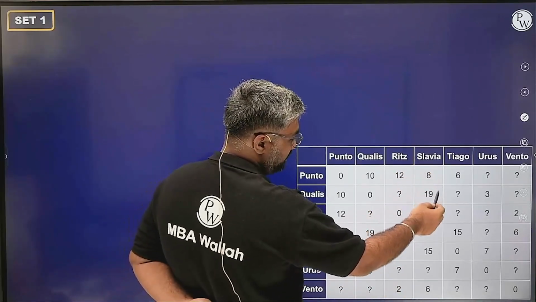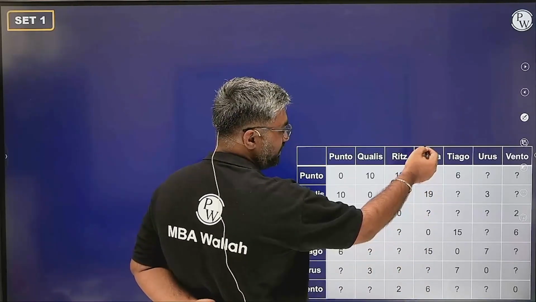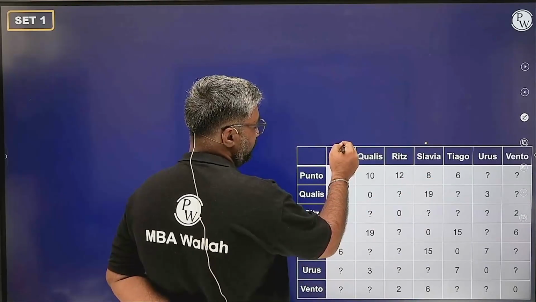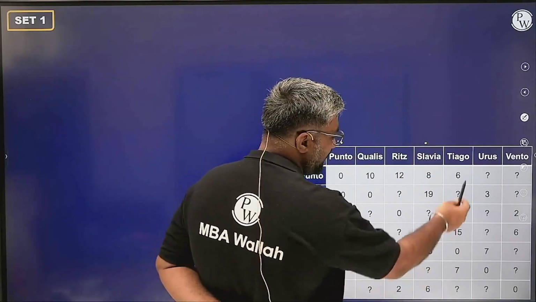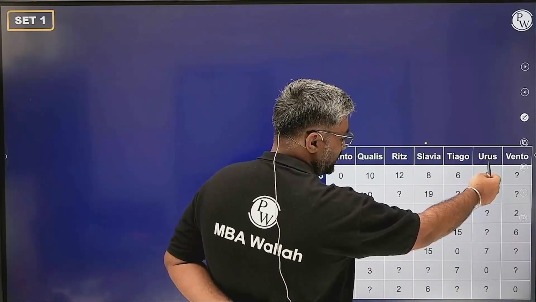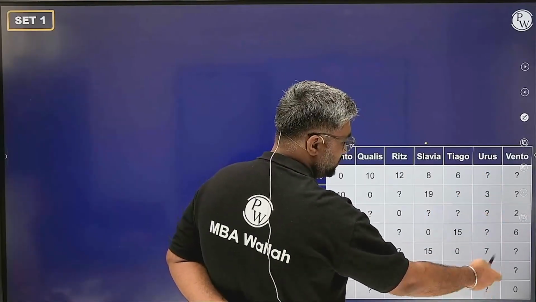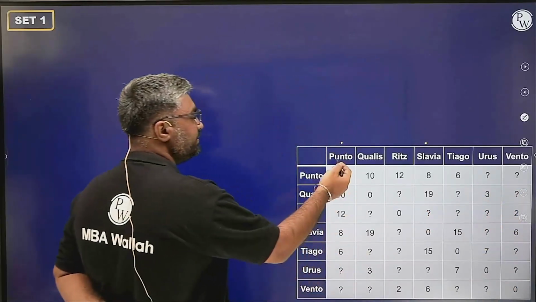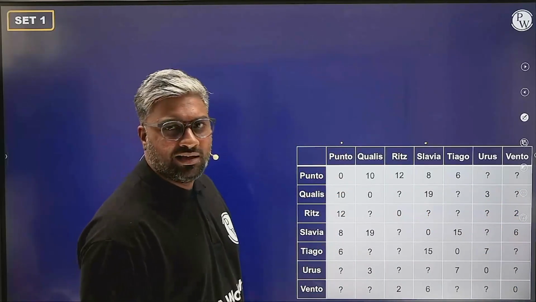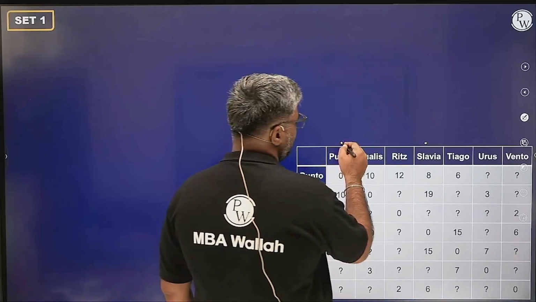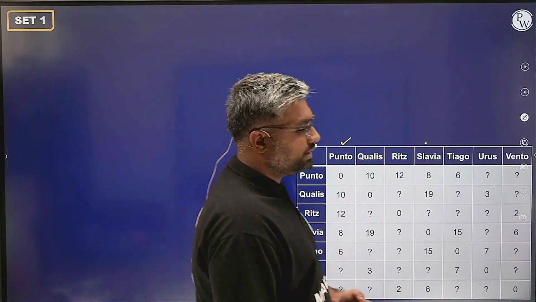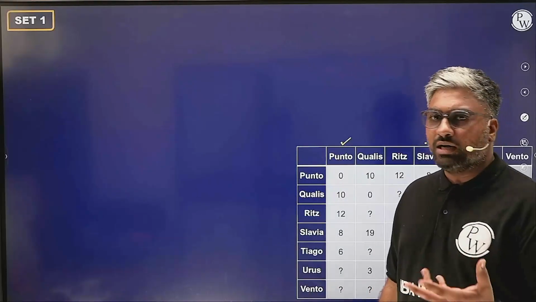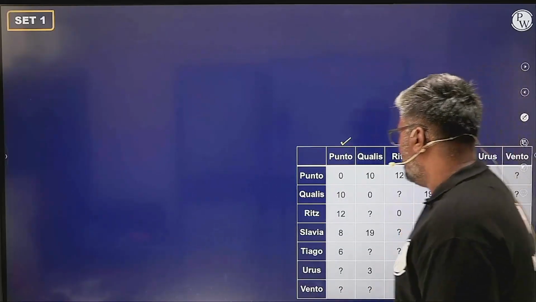For Slavia we have 1, 2, 3 and 4. So Slavia also could be something that we could start with, 4 and 4. Look at Tiago, 3. Eurus has 1, 2, 2. Vento has 1, 2, right? So I think between Punto and Slavia you can start. We're going to start with Punto. No specific reason behind it. We just wanted something that has more data so that we could run with it, right? So we're going to start with P.